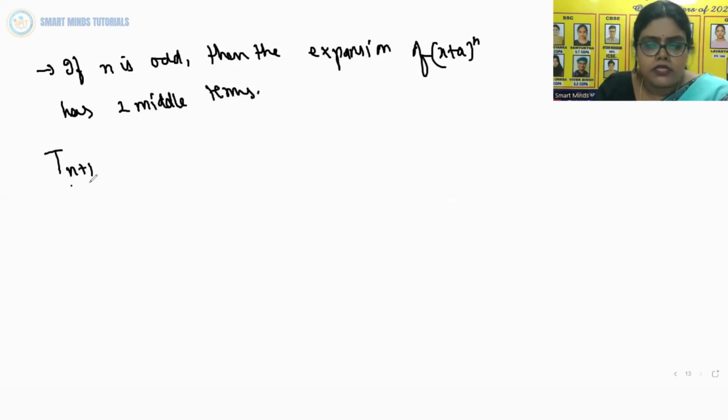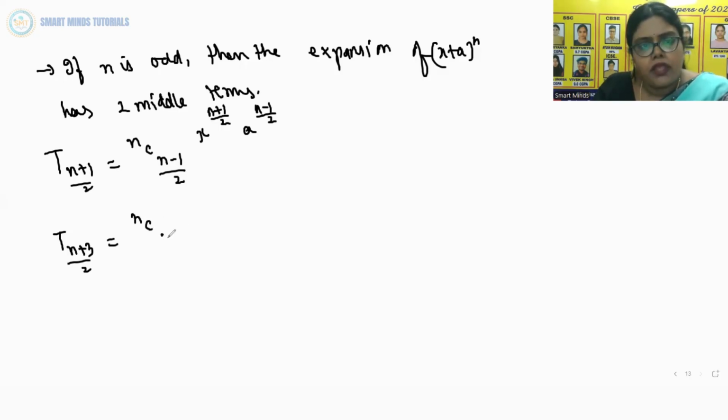T((n+1)/2) equals nC((n-1)/2) x^((n+1)/2) a^((n-1)/2), and the other middle term is T((n+3)/2) equals nC((n+1)/2) x^((n-1)/2) a^((n+1)/2).